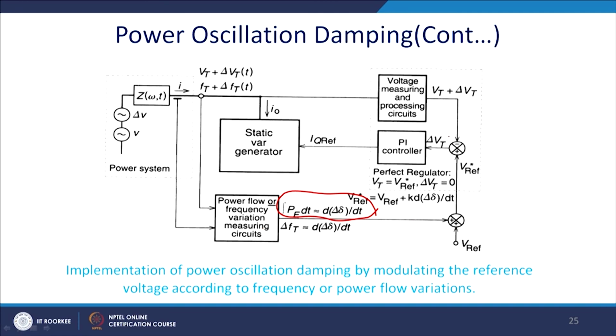This will give you a delta change, and this delta will then vary according to the power oscillation, and that value will give you a varying IQ reference, and that will essentially damp out the oscillation.